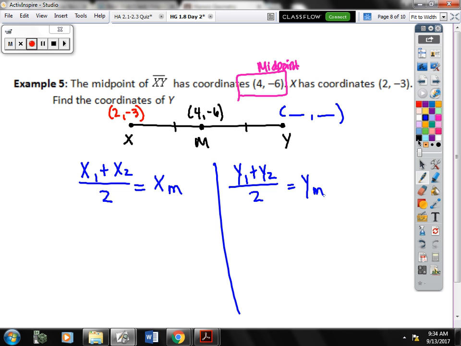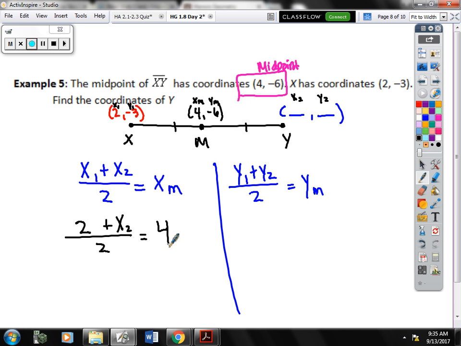You would let this be our (x1, y1), this will be our (xm, ym), and this will be our (x2, y2). Substitute in your values. So 2 is x1. x2 we don't know, so you're going to leave that as a variable. x sub m is 4.